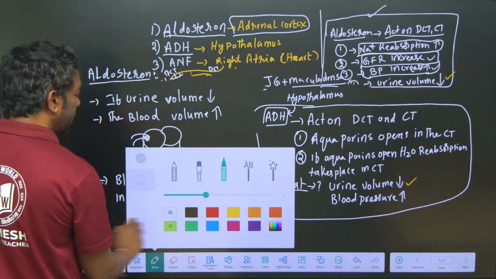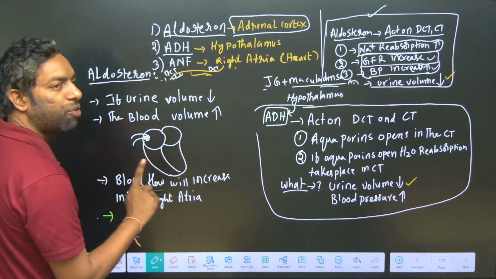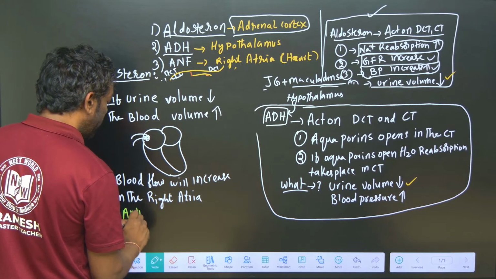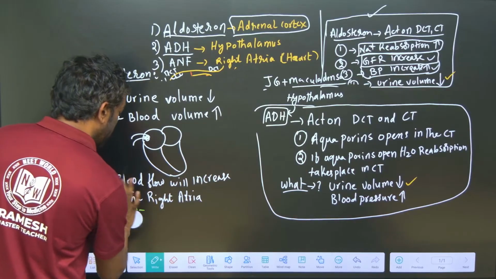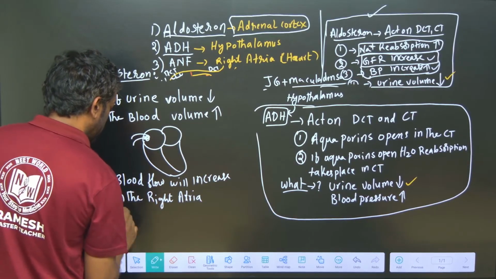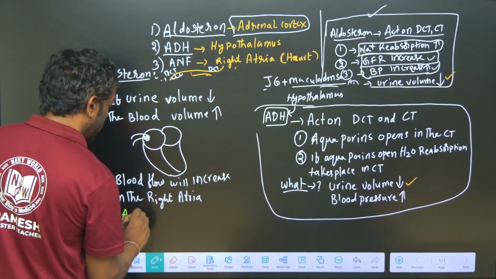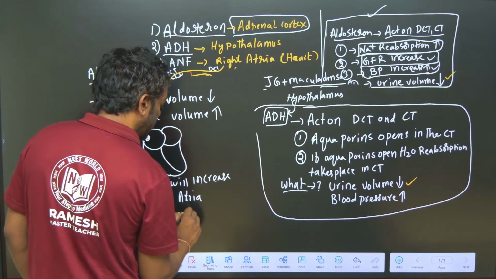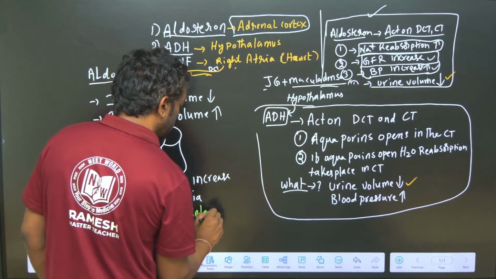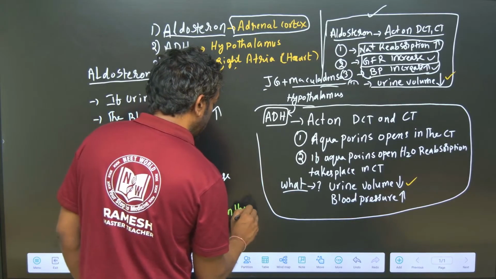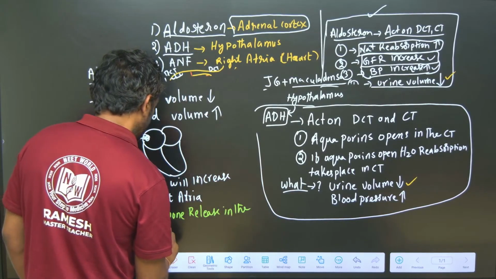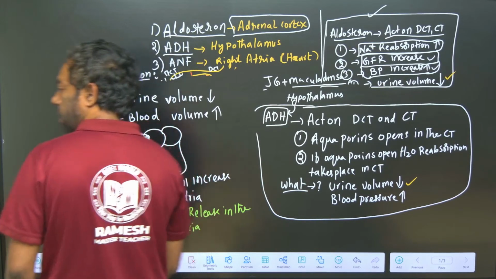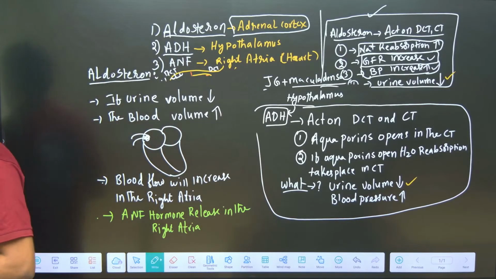If the blood flow increases in the right atria, a hormone released in the right atria is called ANF. ANF hormone is released in the right atria.